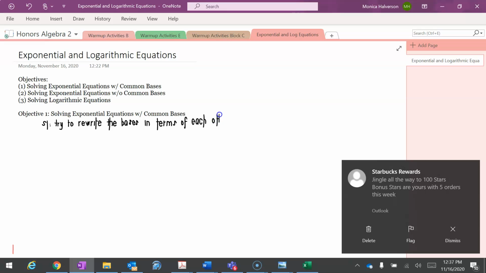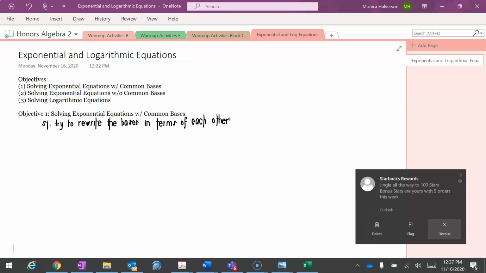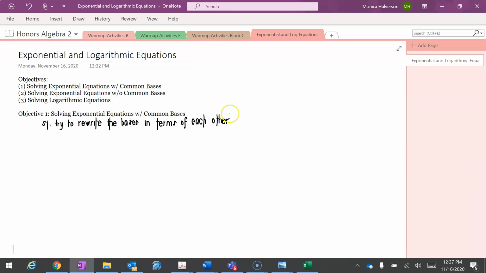Now, some common mistakes that are made here, all right, is that people want to rewrite bases by moving up. And you cannot do that. You can only lower base values. All right? So you want to try to rewrite the bases in terms of each other.